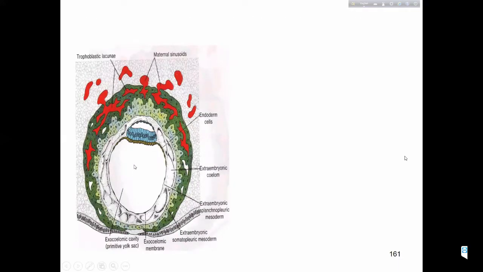Look here. This was basically the blastocystic cavity. This is the hypoblast, yellow cells, they secrete the exocoelomic membrane. When the blastocystic cavity is covered by the exocoelomic membrane, we call it the exocoelomic sac or cavity, or the primitive yolk sac.